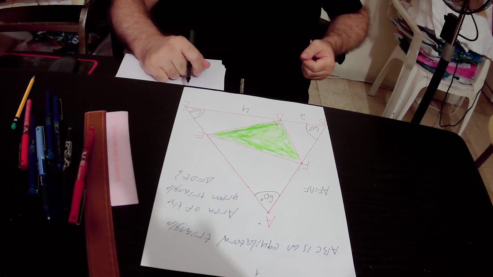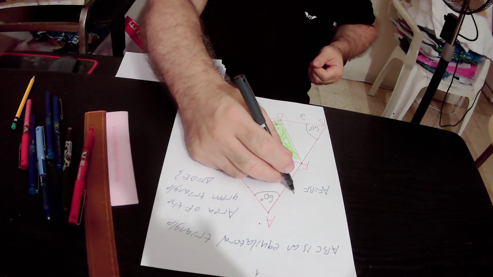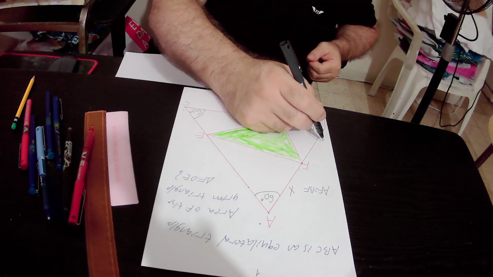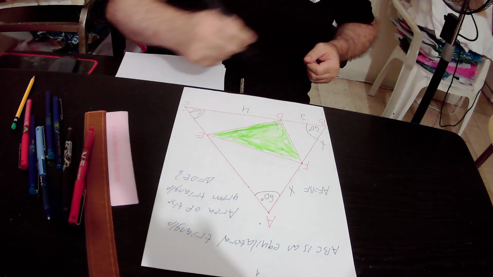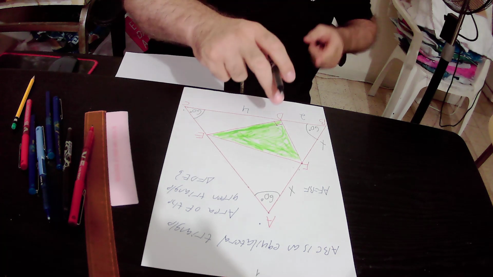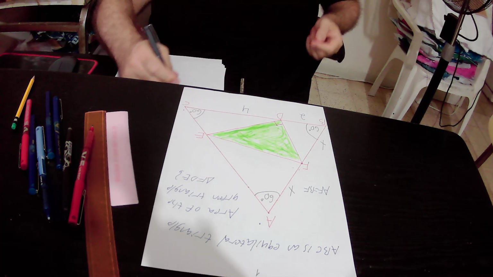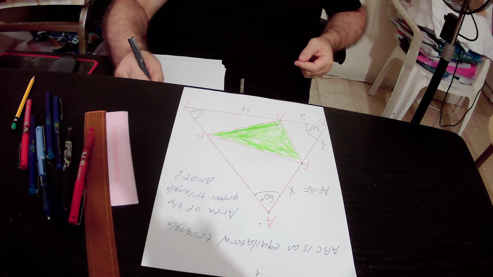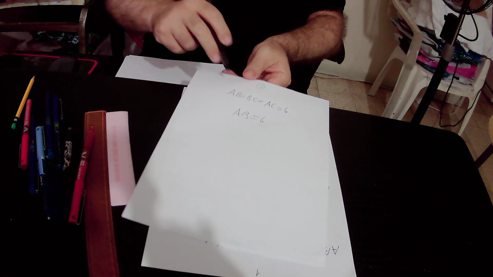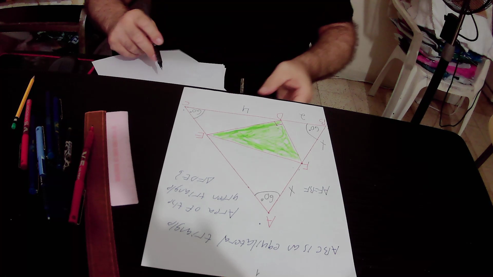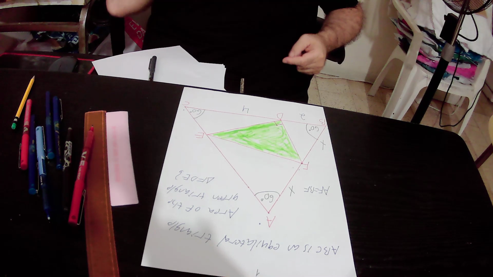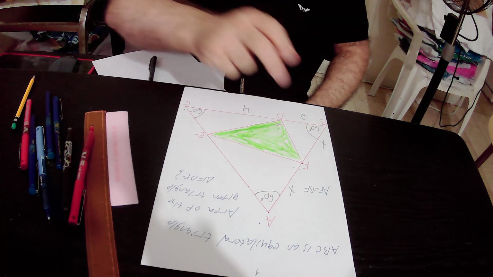So if we define AF as X, then BF, which equals AF, will also be defined as X. But we know that from one side AB equals 6 units, and from the other side AB equals AF plus BF.